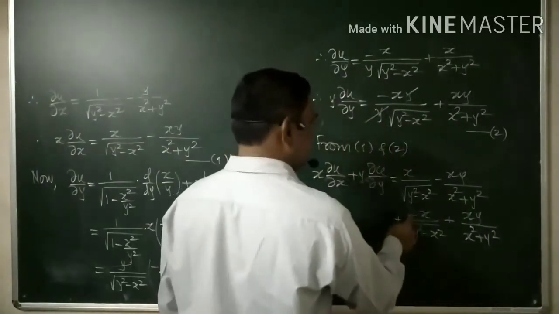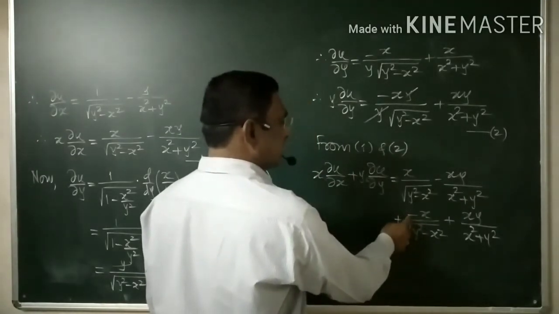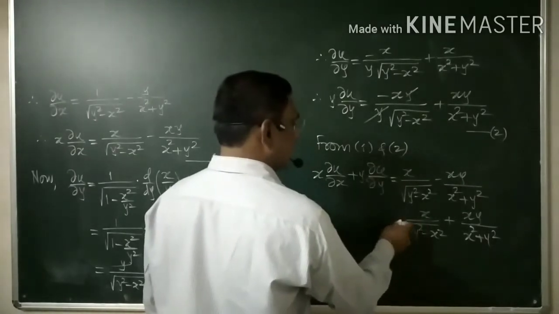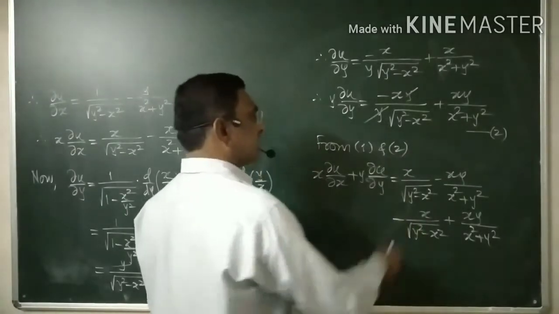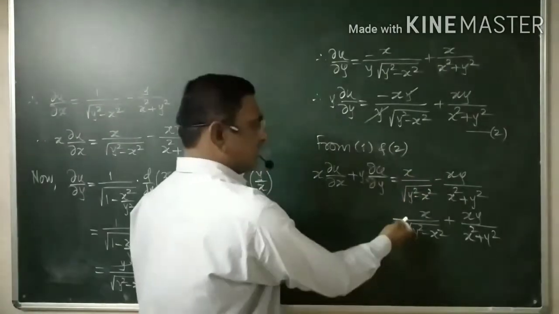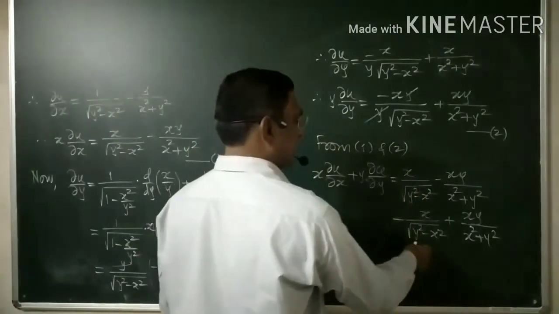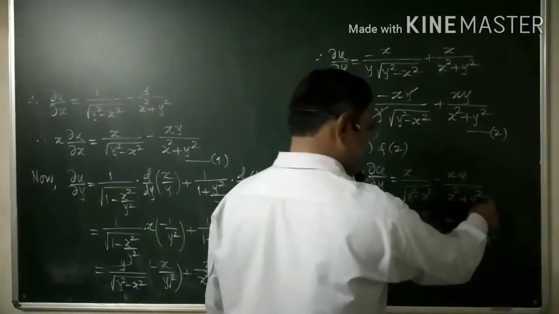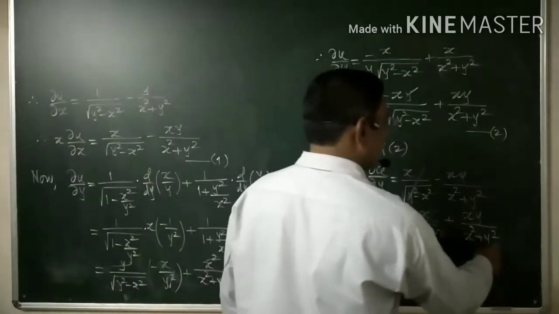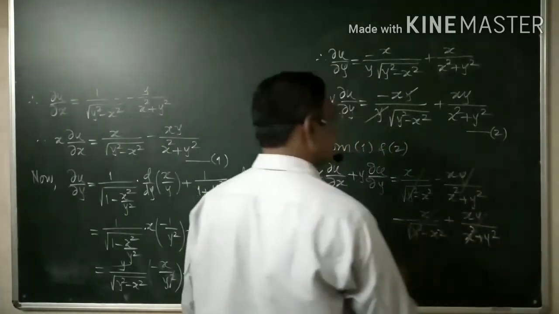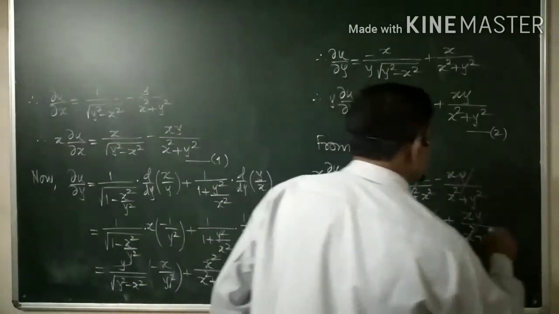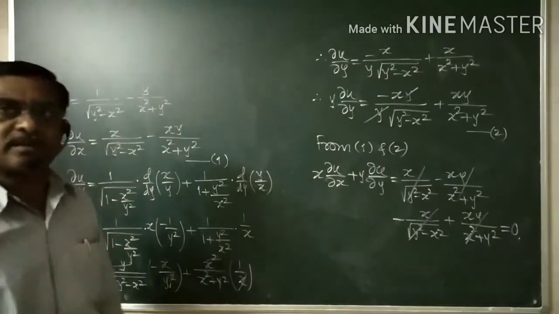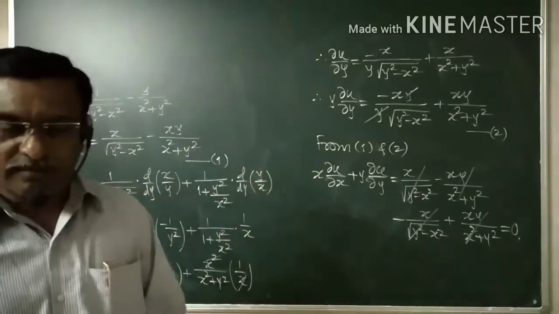Then you will find that x upon root y square minus x square minus x upon root y square minus x square cancels. Similarly, minus xy upon x square plus y square and plus xy upon x square plus y square also get cancelled, and what we are getting is nothing but 0.